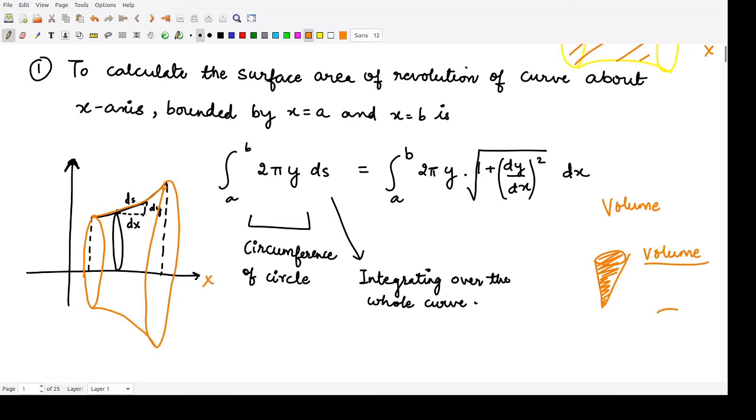But if you are to evaluate how large this cone is without the ice cream, in that case you are just seeing the area of this particular cone. That is the surface area that we are required to calculate here. In order to calculate the surface area, we are calculating one circle over here.